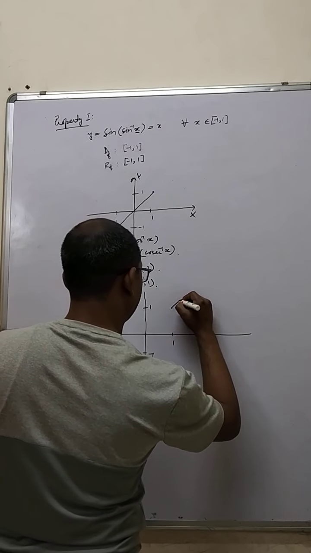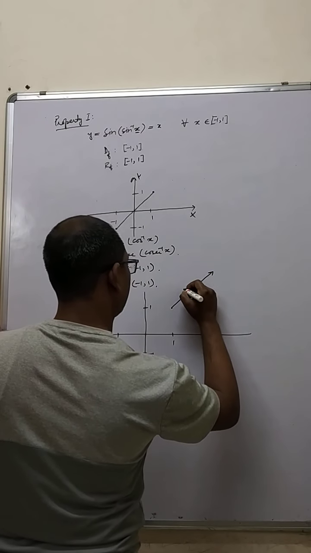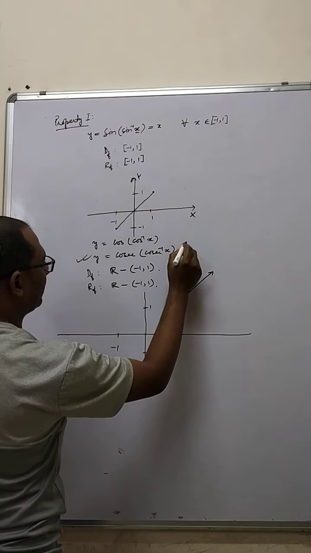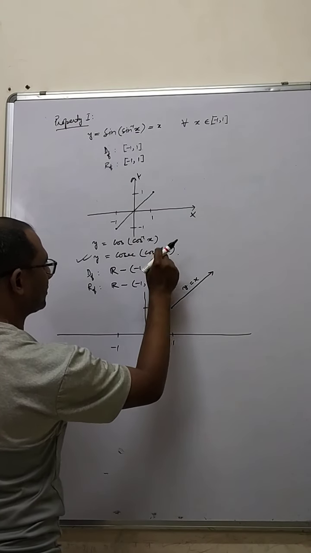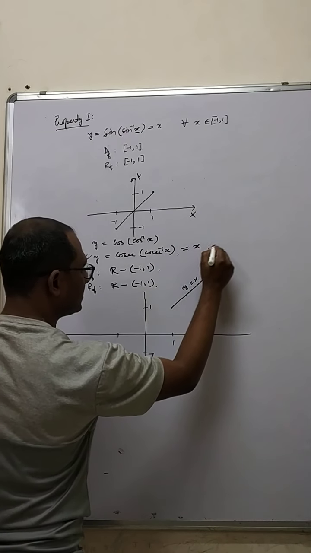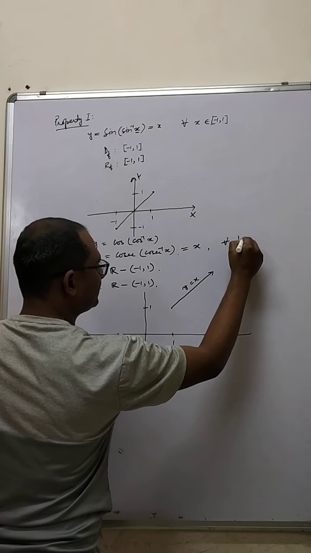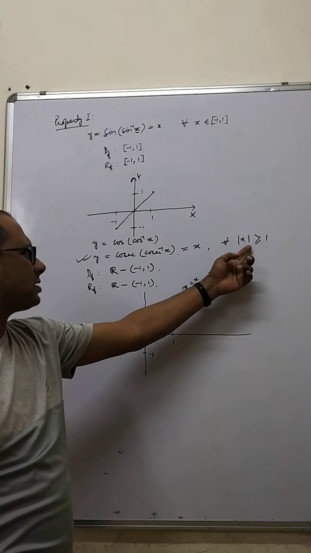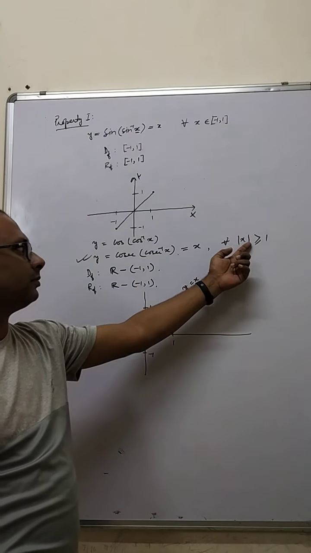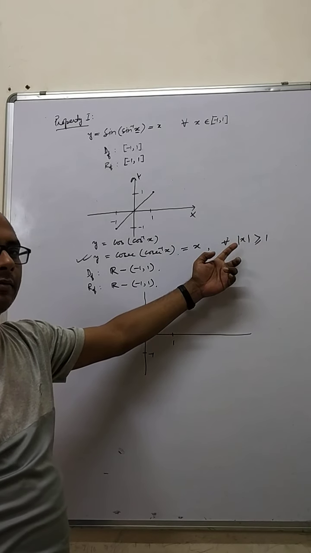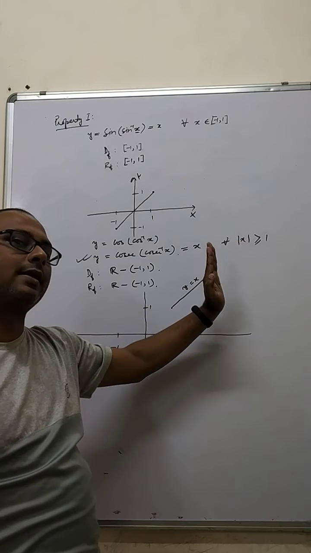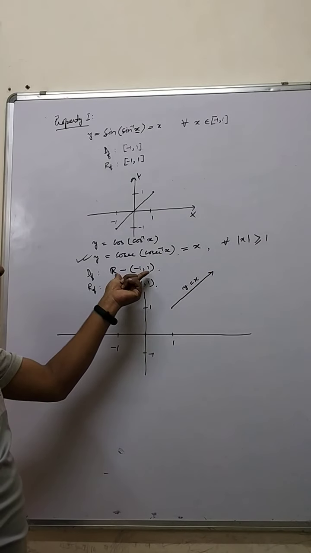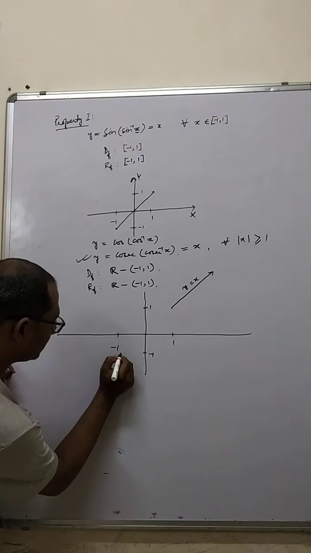So the graph will be y equal to x, because cosec of cosec inverse of x is equal to x for all x satisfying this. The same thing: modulus of x greater than or equal to 1 means either x is less than or equal to -1 or x is greater than or equal to 1.